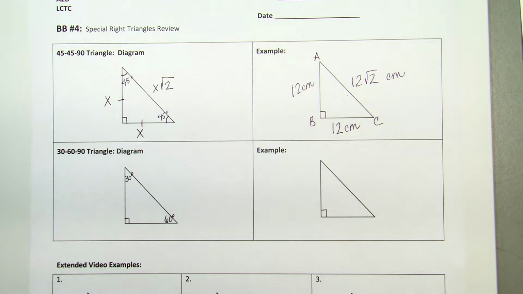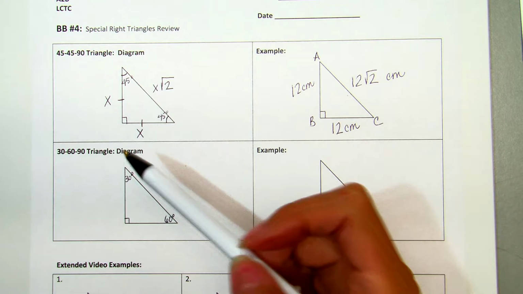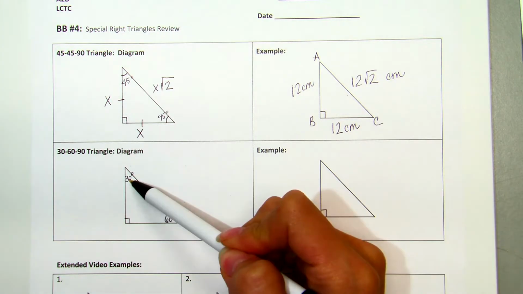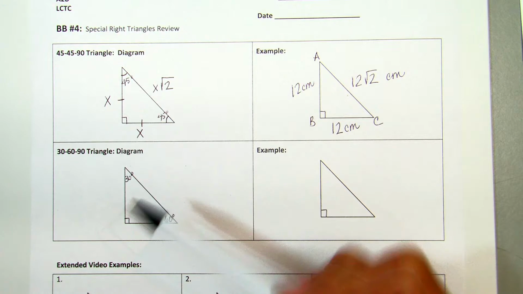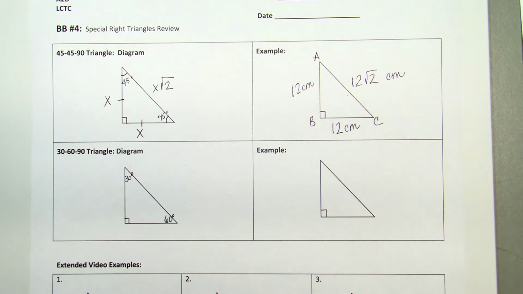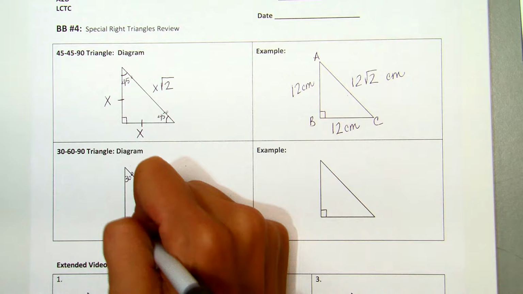In this special right triangle, you're also going to have a proportion that is always going to hold true. And that proportion goes like this. Opposite of your smallest angle measurement, which will always be 30, the leg opposite of that angle is always going to be considered x.